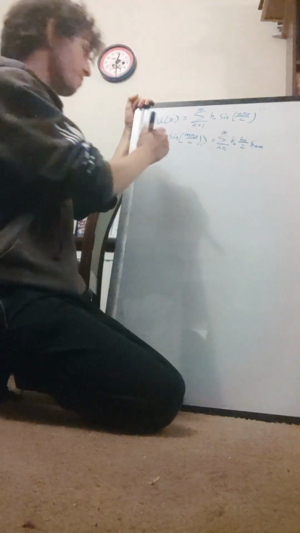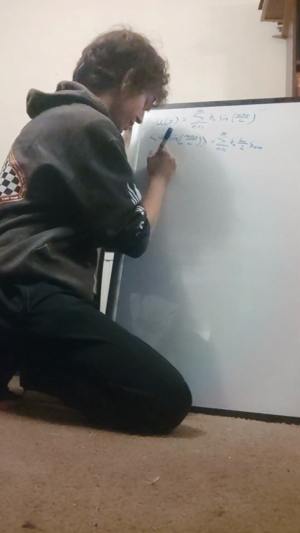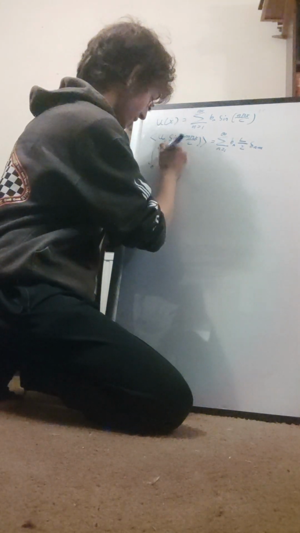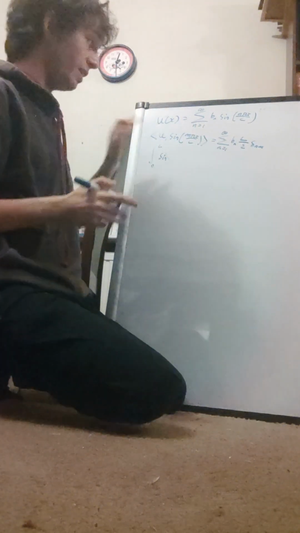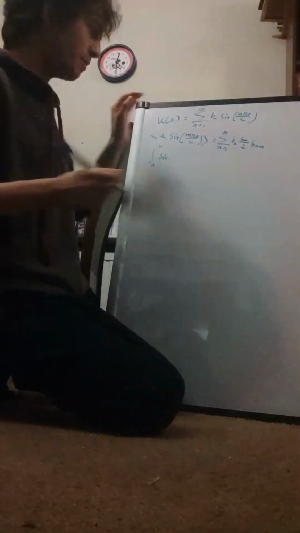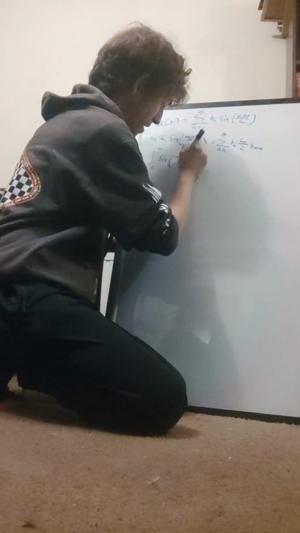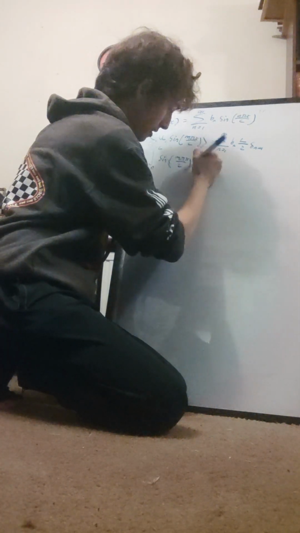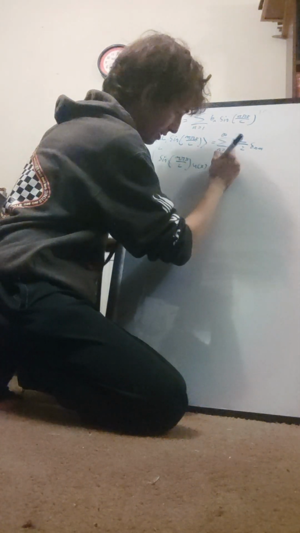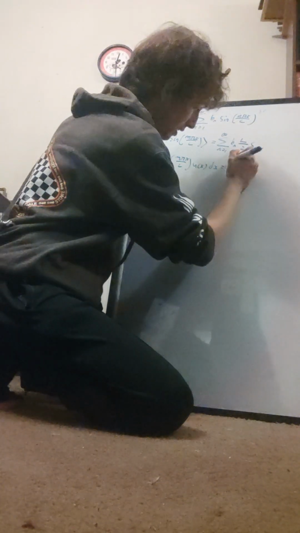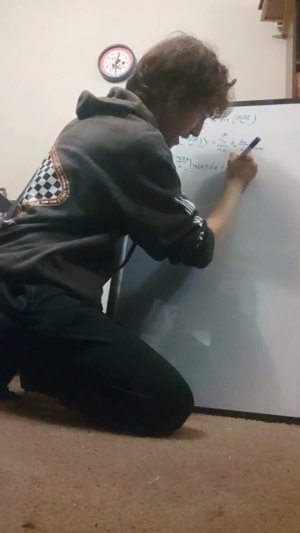Now this inner product is simply an integral, so that's sine of m pi x over l, u of x, dx, which is equal to bn l over 2.